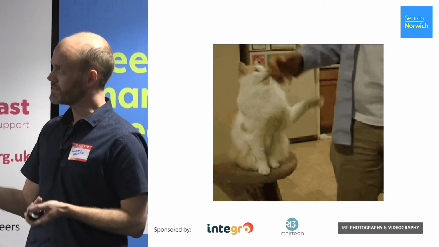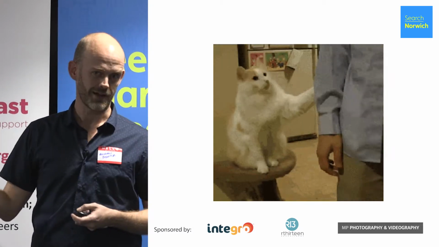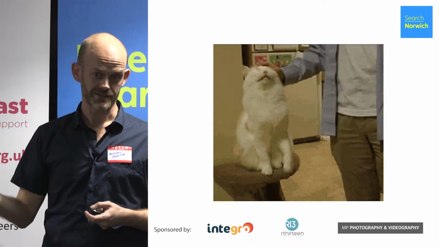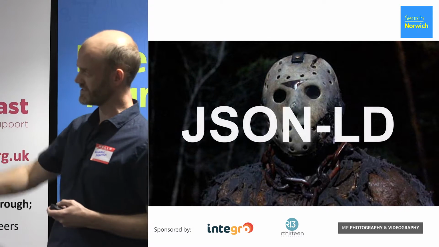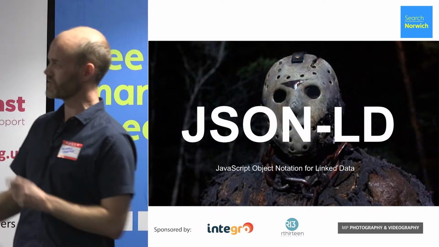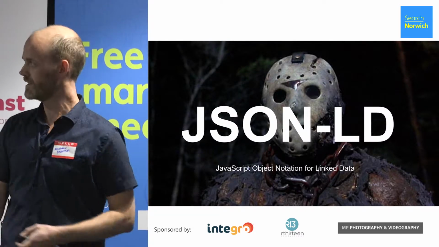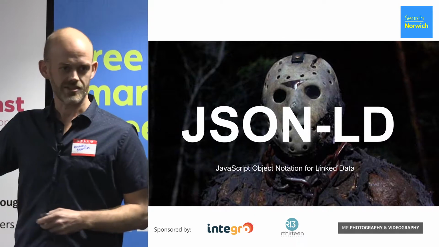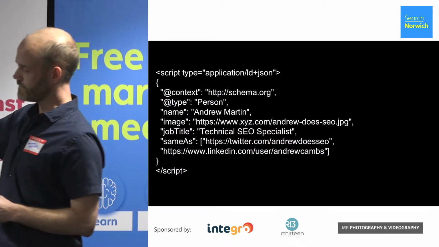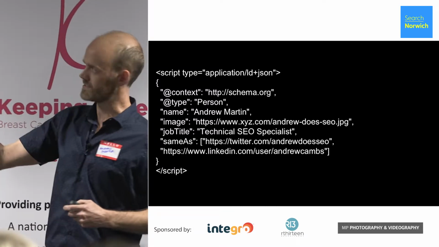But Schema is your friend, but Schema needs a friend as well, and that friend is called JSON. Not that JSON, this JSON. JSON-LD, which stands for JavaScript Object Notation for Linked Data. And essentially, we're back to this slide again. If you can see at the front here, the people in the cheap seats, you'll have to wait for the slides.